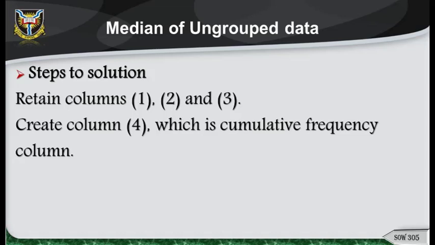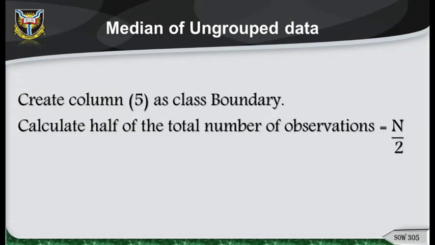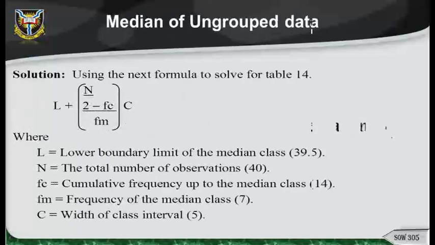Create column 4, which is the cumulative frequency column. 3. Create column 5 as class boundary. 4. Calculate half of the total number of observations, equal to n divided by 2. Solution. Using the next formula to solve for table 11.